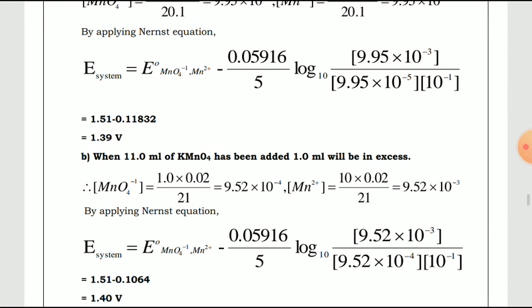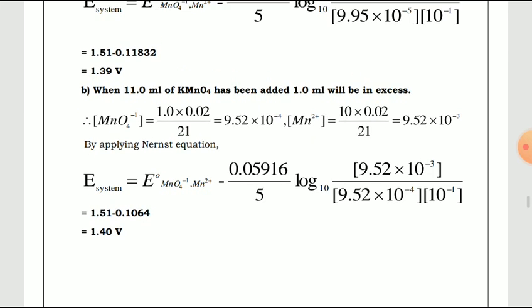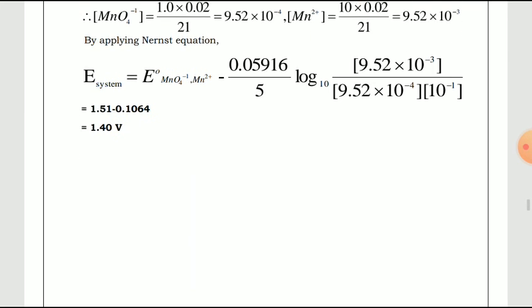With the last excess 1 ml permanganate solution we have added into the conical flask or beaker, the value of this E system will be 1.40 volt.